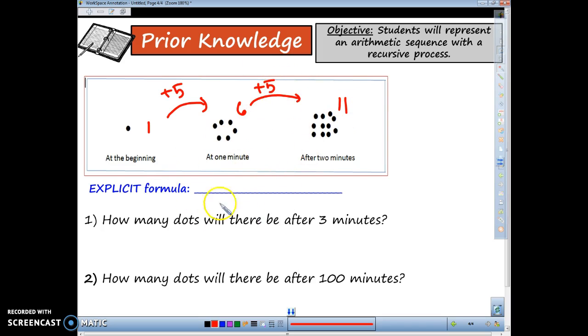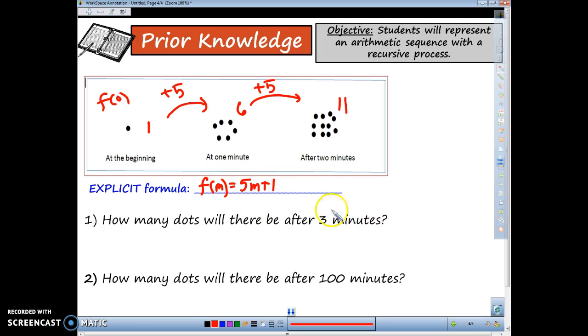We went ahead and calculated an explicit formula by saying the number of dots is equal to 5 dots for every minute plus our initial value here, our f of 0, which is 1. So I have 5m plus 1.